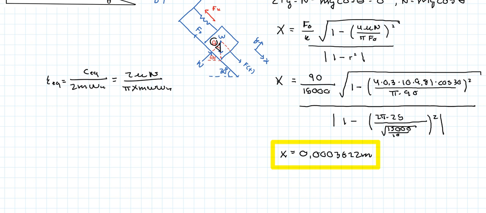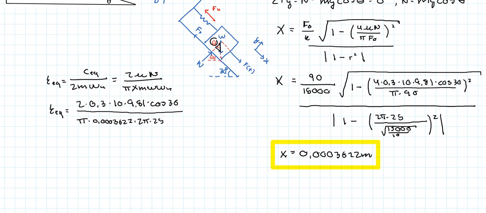And what we get is 2 times 0.3 times 10 times the gravitational acceleration times the cosine of 30, over the amplitude, times 2 pi times 25 for the excitation frequency, and the natural frequency, which is again the square root of 15,000 over 10.